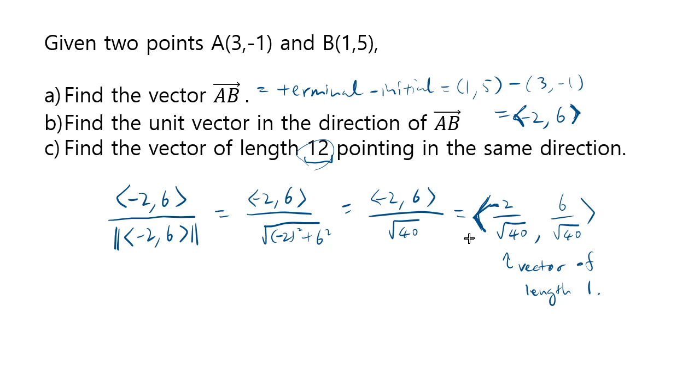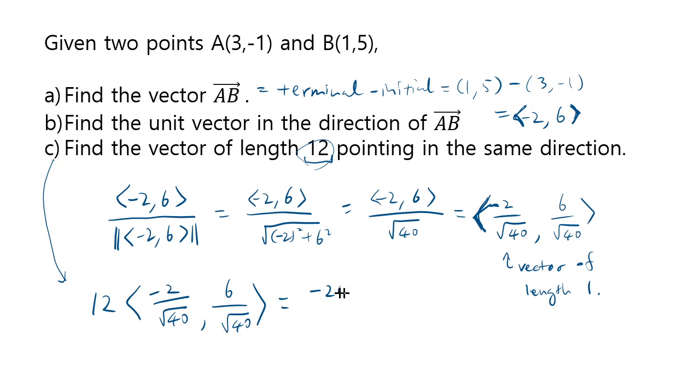So if I wanted a vector that's length 12, all you have to do now is multiply by 12, and the answer to C would be 12 times negative 2 over square root of 40, 6 over square root of 40, which is negative 24 over square root of 40, comma, 6 times 12 is 72, 72 over square root of 40.